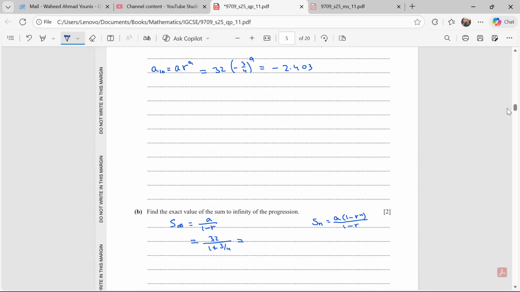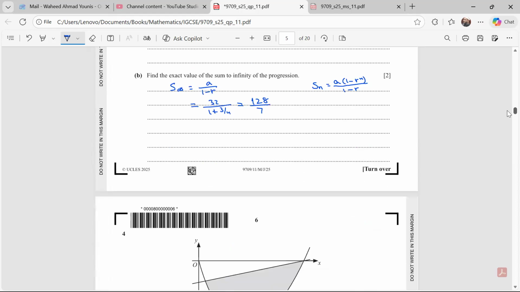So this whole thing is simplified as 128 over 7. Okay. So this was our part B.